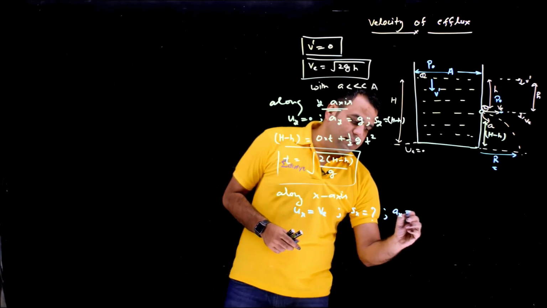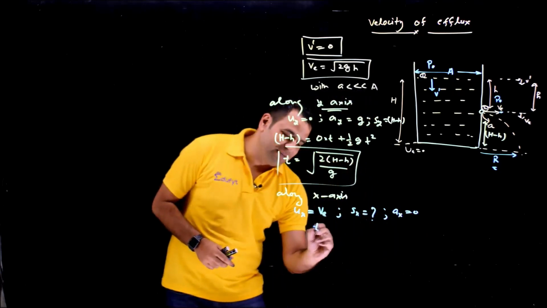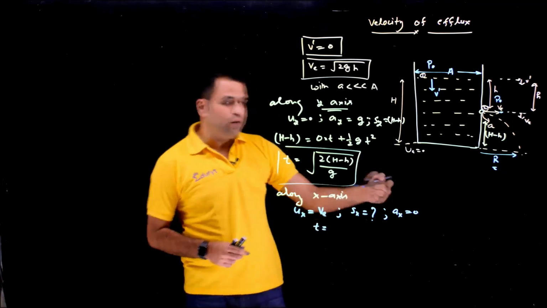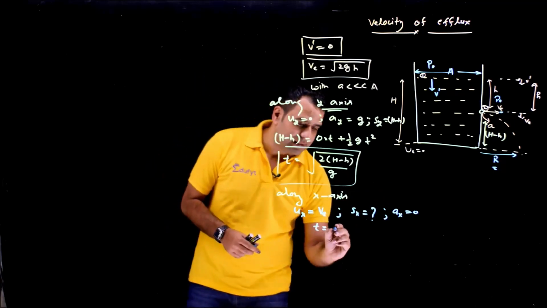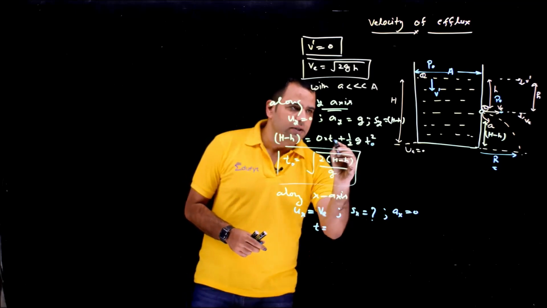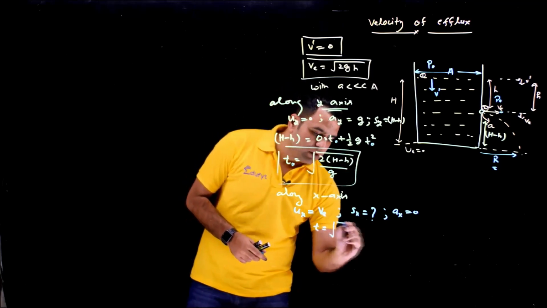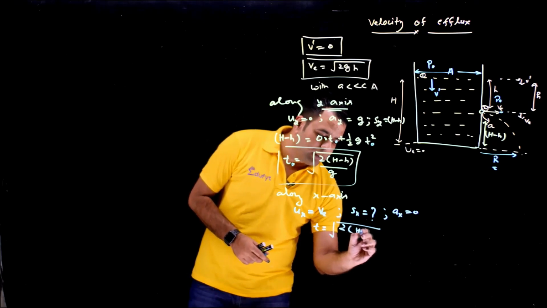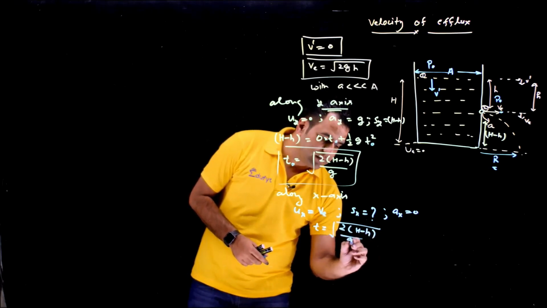The acceleration along the x-axis is 0, and this time we know the time. Let's call it t0 for the time being, which is equals to under root of 2 capital H minus small h divided by g.